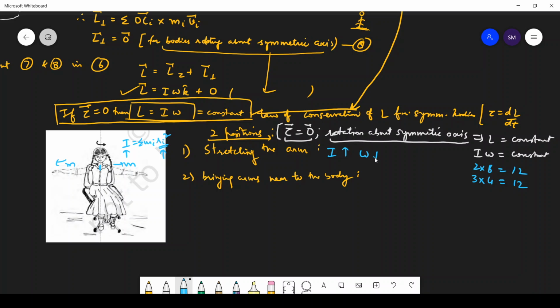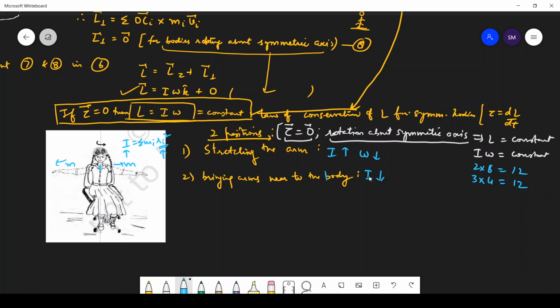So when you stretch the arms, the angular speed will decrease. As you bring the arms near to your body, r_i will decrease, and as a result the moment of inertia will be lesser.